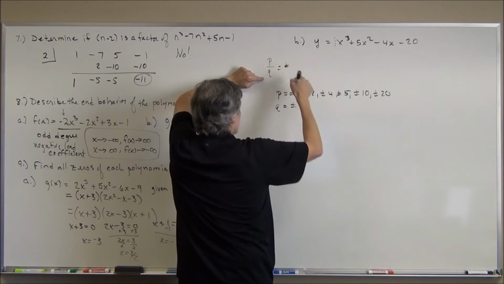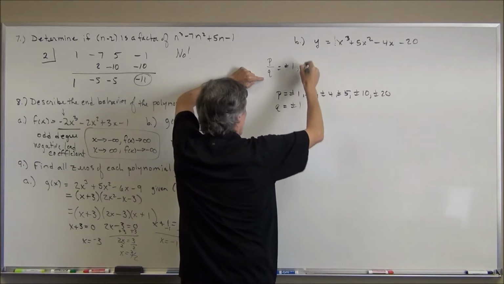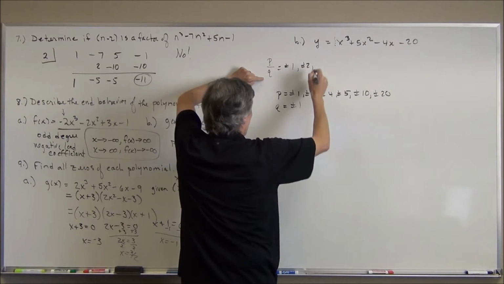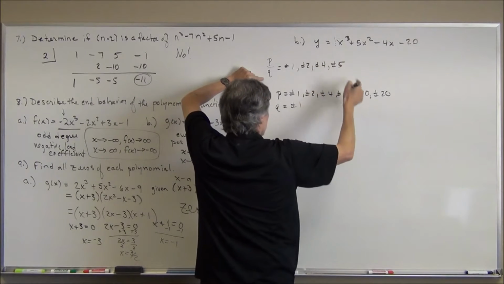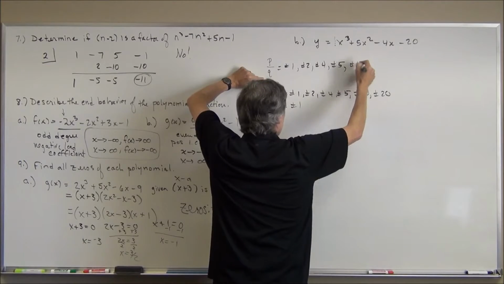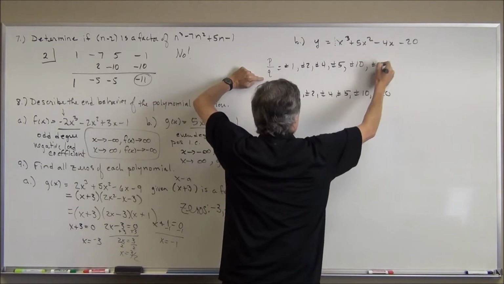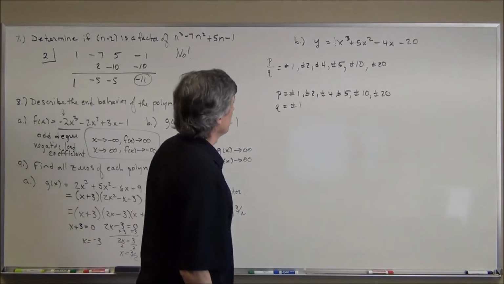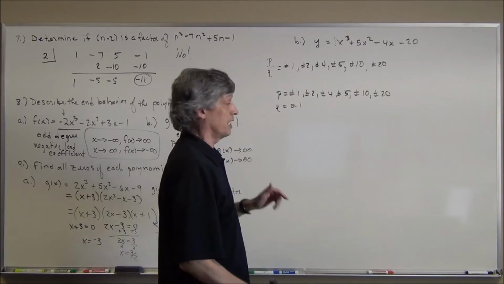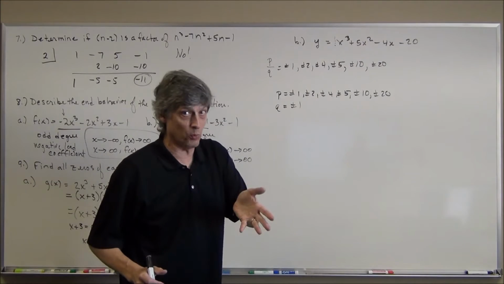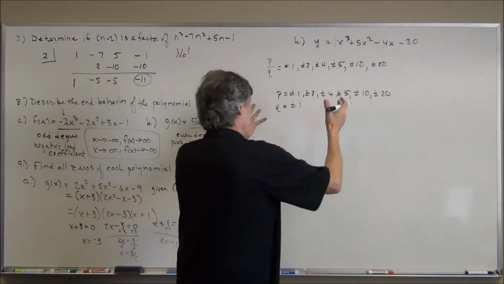It's going to be plus or minus 1 over 1, plus or minus 2 over 1, plus or minus 4 over 1, plus or minus 5 over 1, plus or minus 10 over 1, plus or minus 20 over 1. Holy moly. So now I have to use these possible rational zeros. Now they're just candidates. I don't know which ones, if any of them are. So we've got to test them.